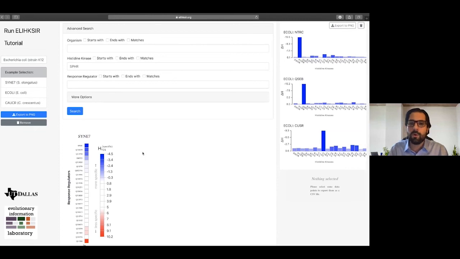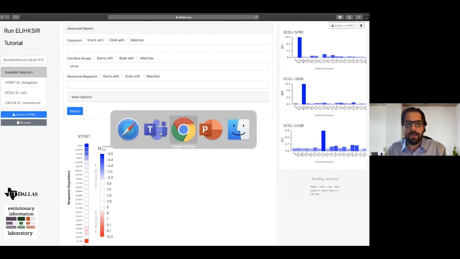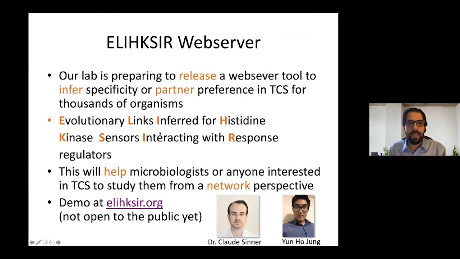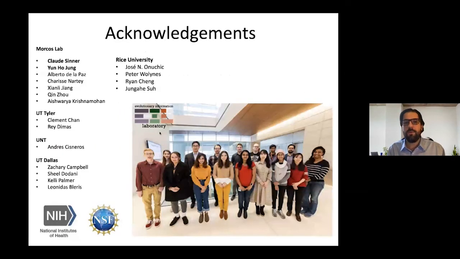So we're adding more and more features, but so far we have 6,000 organisms, and our plan is to keep adding more. This is possible to be applied to hundreds of thousands of organisms, but so far we are testing the first batch, first dataset.